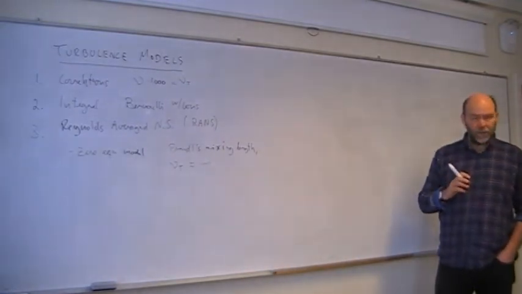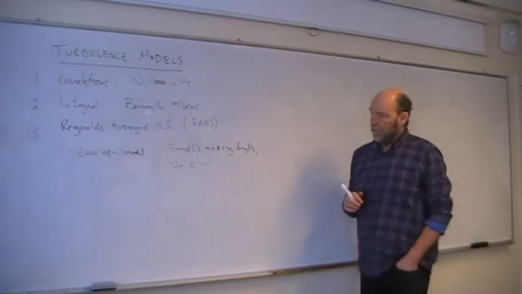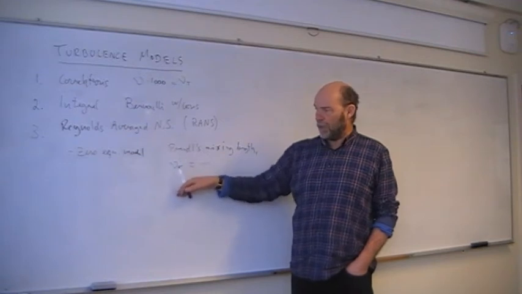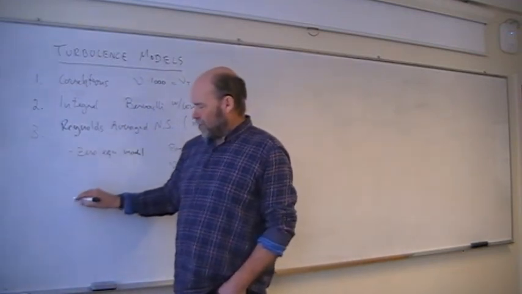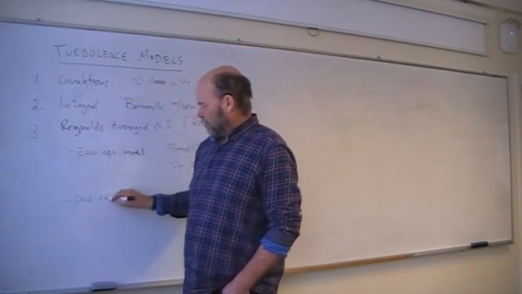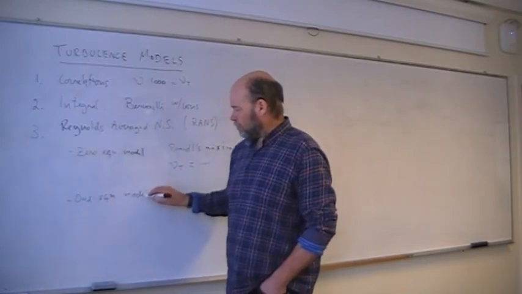It's not a real viscosity, but it sort of appears like it. So here we have a model describing it, but as I say, no transport of any turbulent quantity.